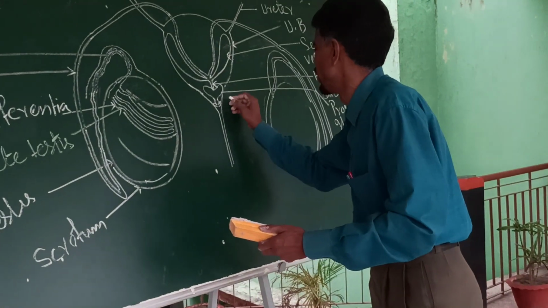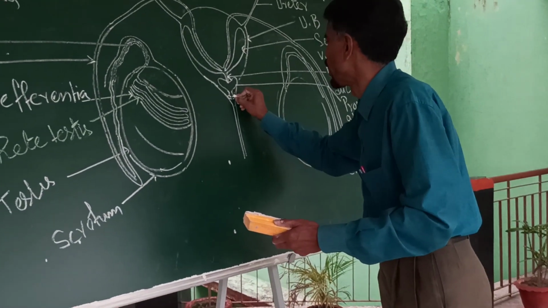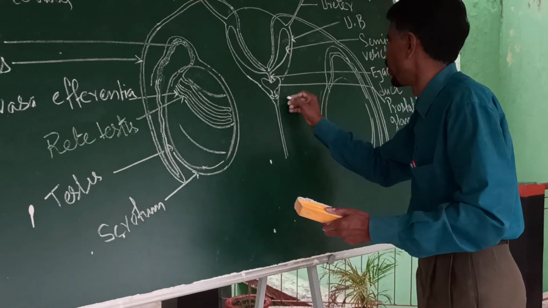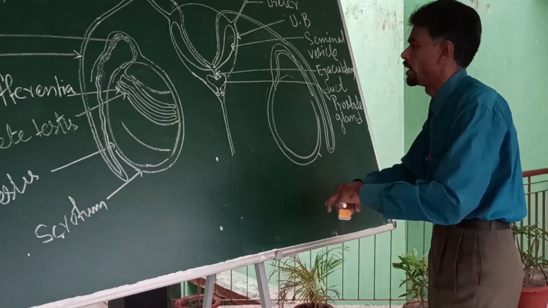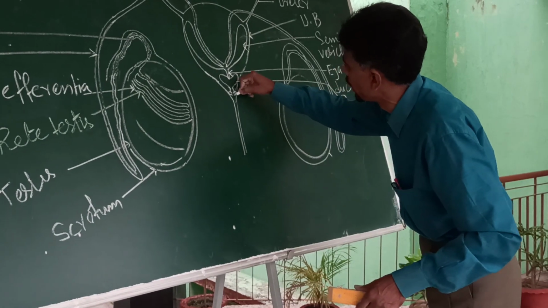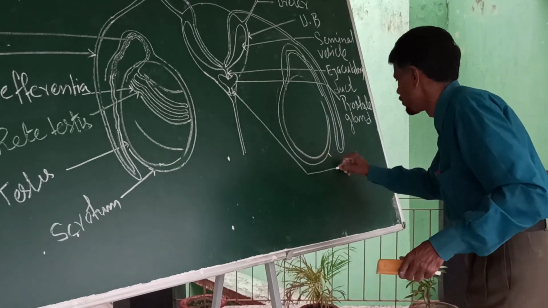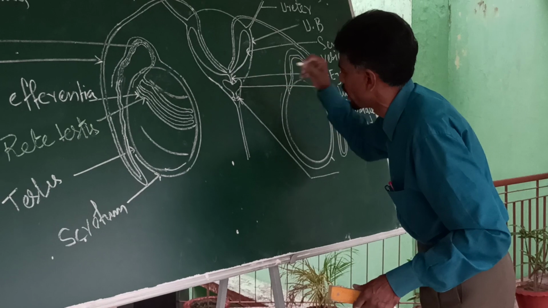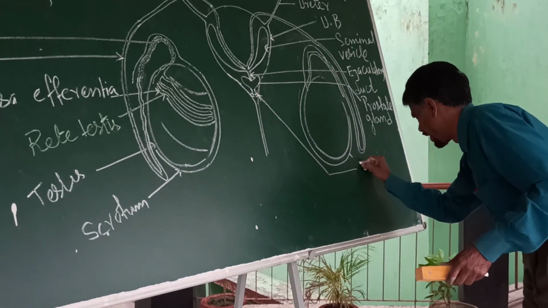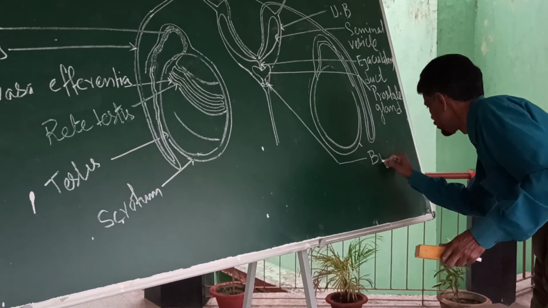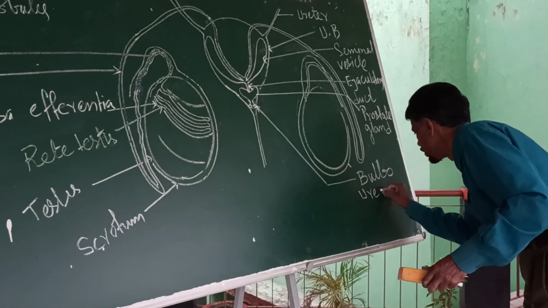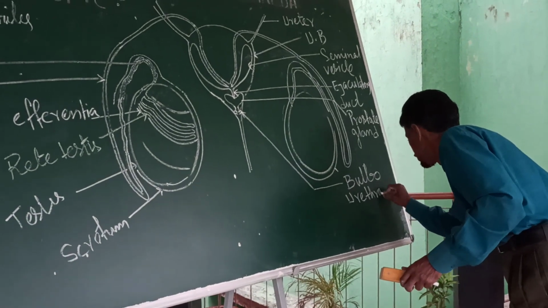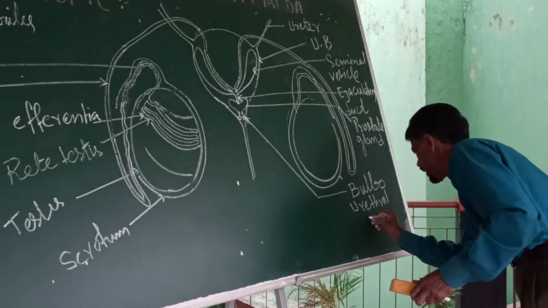This gland, one on each side, is called bulbourethral gland. So if I rub this scrotum part here, the small gland is called bulbourethral gland, a pair of bulbourethral glands.